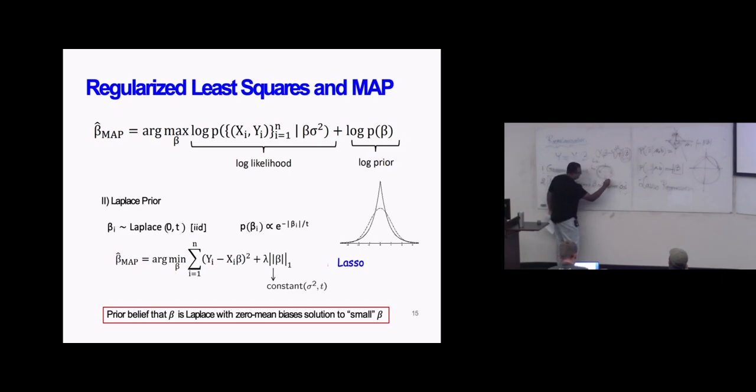L4 norm looks like even another oval. And if you go to L infinity, that will look like a rectangle. Any solution within that rectangle is a feasible solution. But the reason L1 norm is popular and the lasso regression is popular is because it kind of forces your solution to be sparse. When you want many, many zeros in the W vector or the beta vector, and only a few of them to be non-zero.